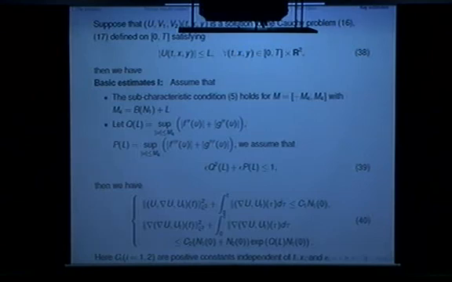Once we can obtain this type of estimate, the problem is how to control this term. A natural idea is that we let this one be like epsilon to the power alpha. So epsilon controls this one, but even so, you cannot ask this one to be large.